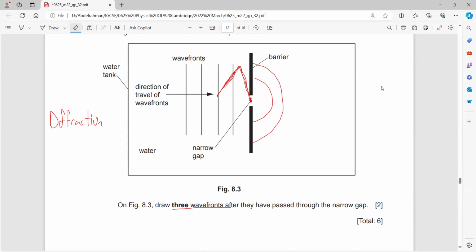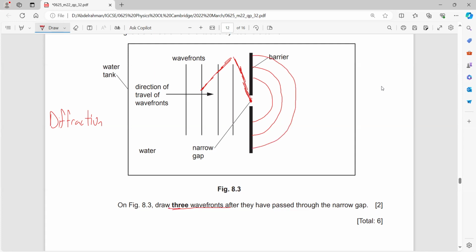Of course, your waves should be a lot more accurate than mine. And then, while your compass is still centered here, open it up to the third wavefront. And then rotate the compass and draw a semicircle on the opposite side.